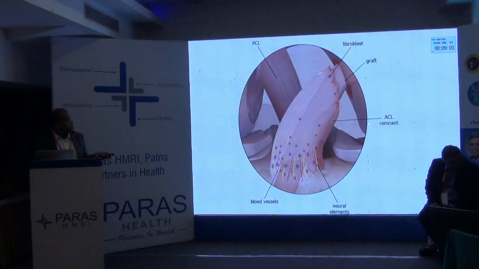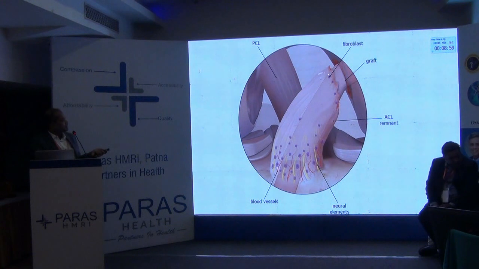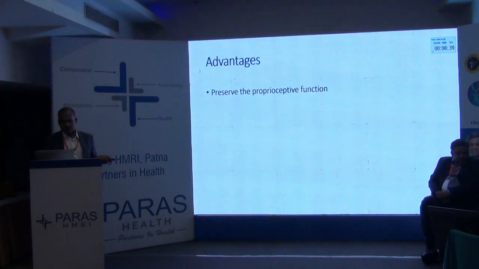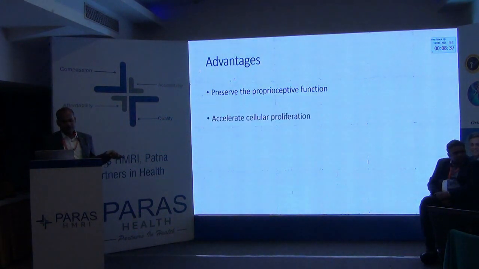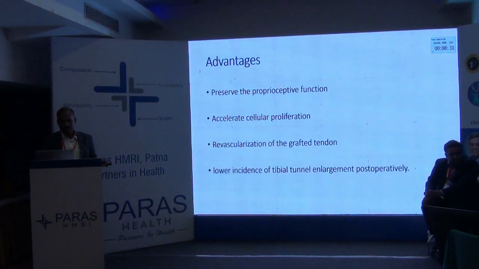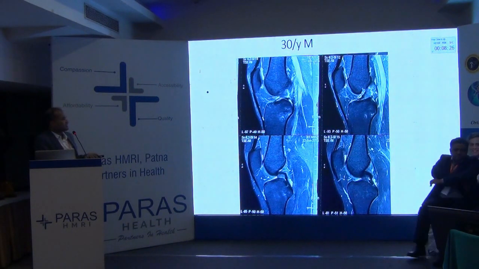So my principle is to repair the remnant part of the ACL to the femoral footprint at the same time. Dr. Sunit has said that you should preserve the ACL remnant, but if you repair it too, it gives the advantage of mechanical support, and the remaining biology will be much better. So it preserves proprioception, accelerates cellular proliferation, revascularizes the grafted tendon, and there is a low incidence of tibial tunnel enlargement.